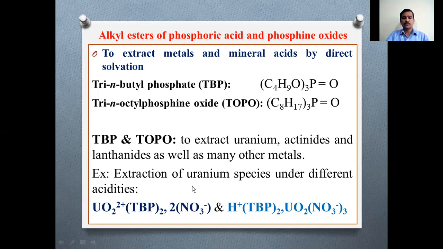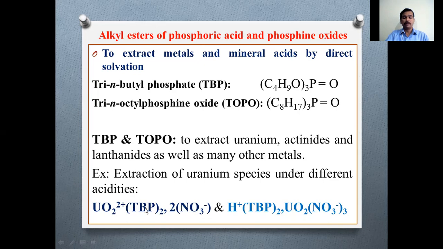I have presented one simple example here, extraction of uranium species at different acidities. If you use a lower concentration of nitric acid, what is the form of the ion association complex? And at a higher concentration of nitric acid, what is the form? At lower concentration of nitric acid, UO2 2+ (TBP)2 (NO3-)2 will be the complex. Here, uranium will be solvated with TBP.